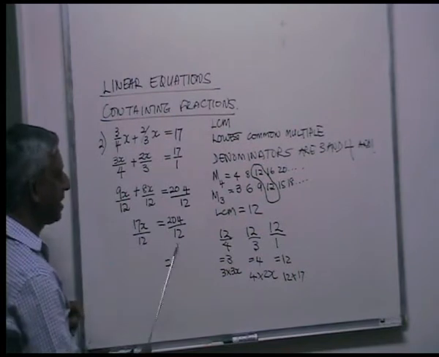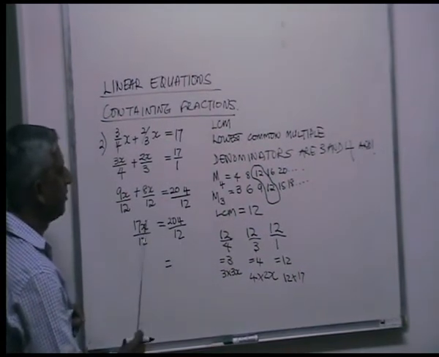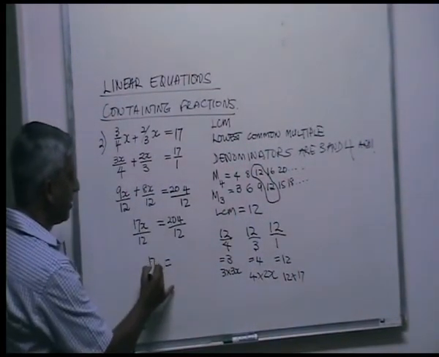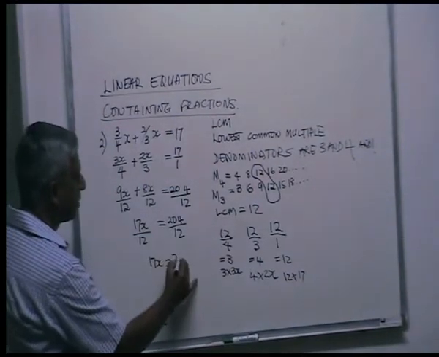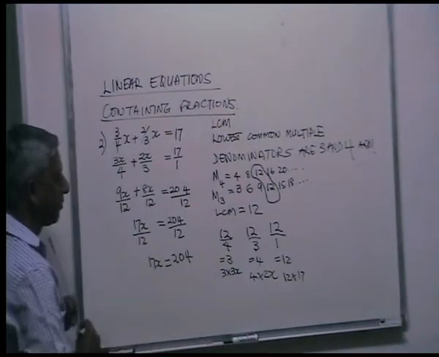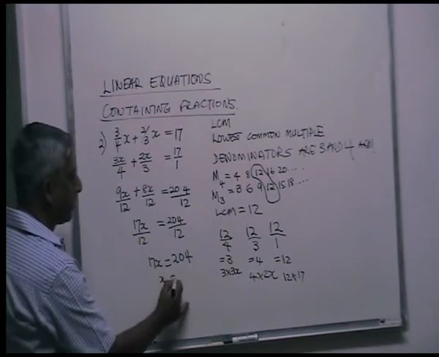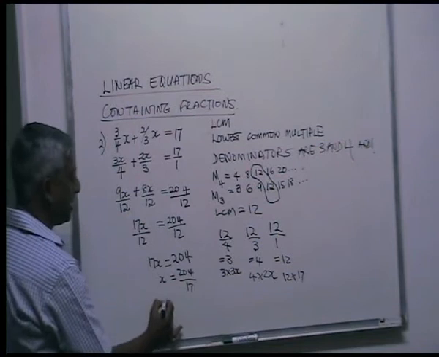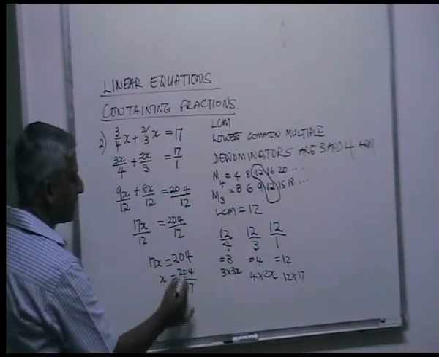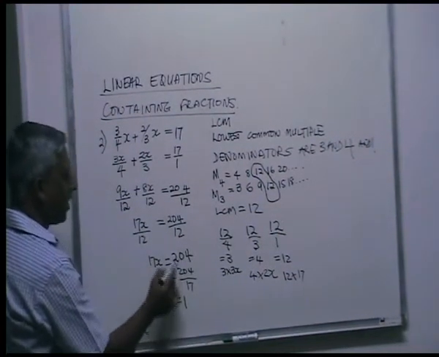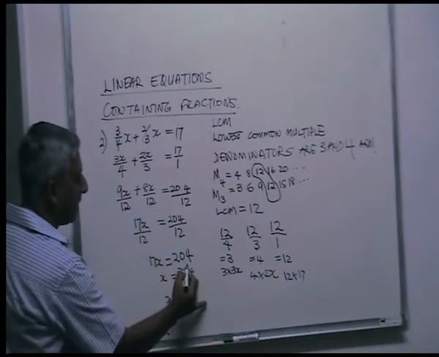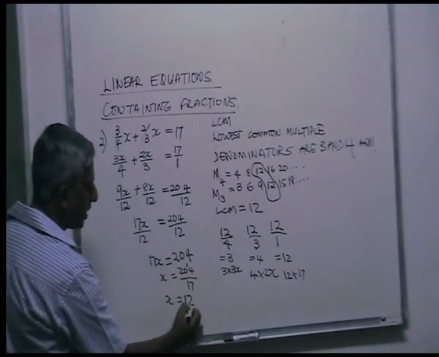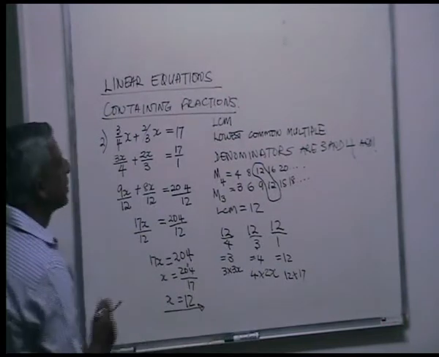Therefore, the numerators are equal. 17x is equal to 204. x is equal to 204 divided by 17. 17 goes into 20 one time, remainder 3, into 34 2 times. So x is equal to 12.